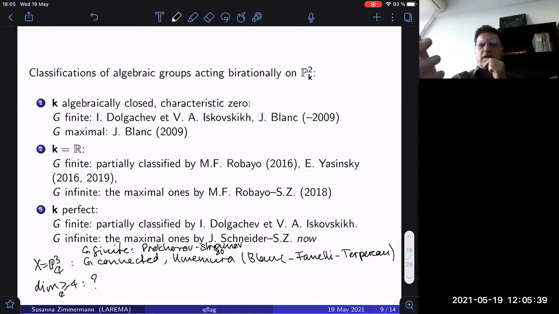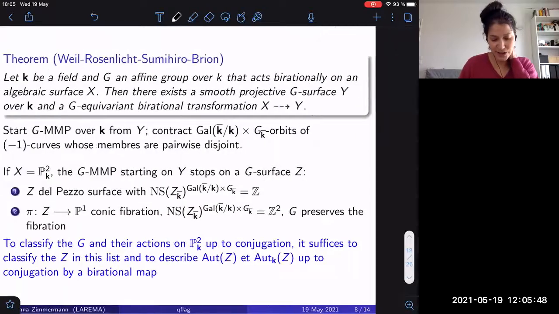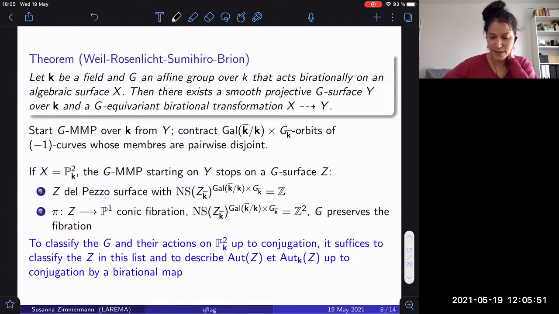I have a question, but in higher dimensions, you don't have the results with the four names you mentioned before, right? Yeah, no, in higher dimension, this theorem still holds, and you can still do the minimal model program over K and equivariantly, but the minimal models are much more complicated.